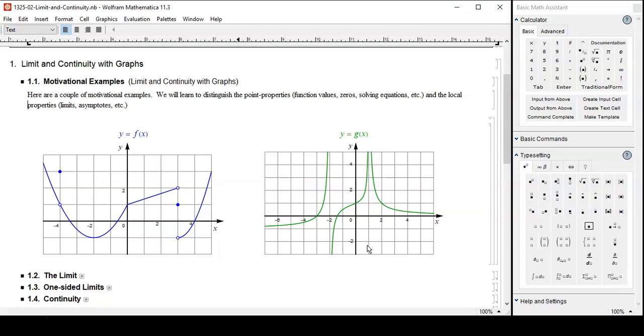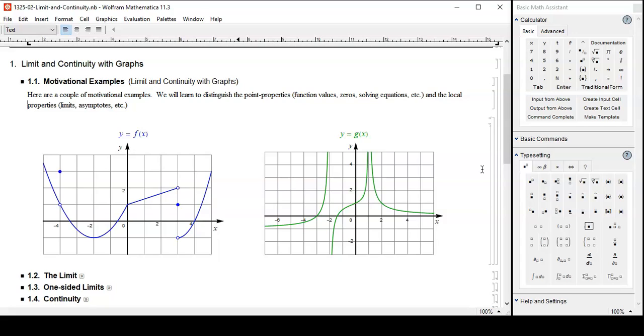Now look at the right hand side graph, green graph. Mostly okay, except at x equal to -2, we have the split. And x equals to 1, we do not split, but either way, the graph is blowing up to positive infinity. Otherwise, it looks okay.